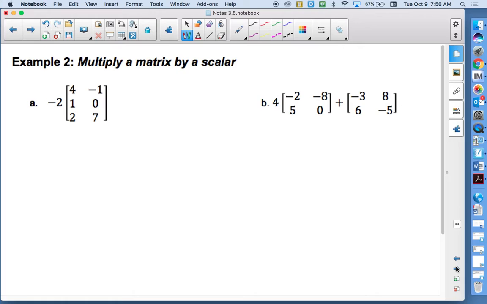So this -2 has to be attached to every number inside. So literally whatever's outside, you're going to multiply that number by every piece of the matrix, every element of the matrix. So in this case, we're multiplying everything by -2.